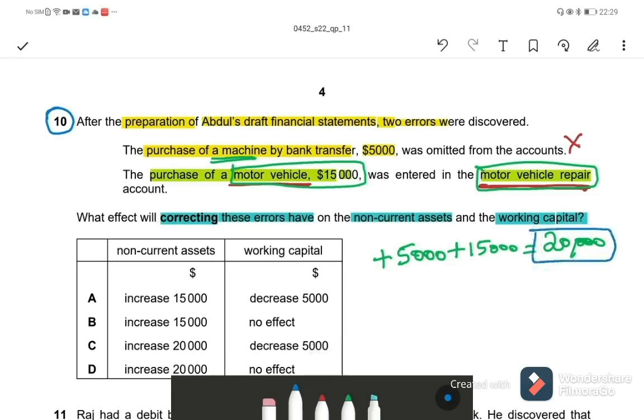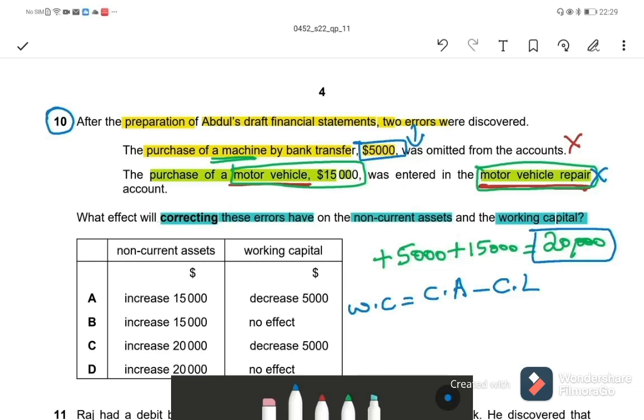Next, working capital. Working capital means current assets minus current liability. So the purchase of machine by bank transfer 5,000 was omitted. When purchasing the machine by bank transfer, the current asset bank will decrease. So when we are correcting this, it will decrease 5,000. The second error will not affect the working capital.